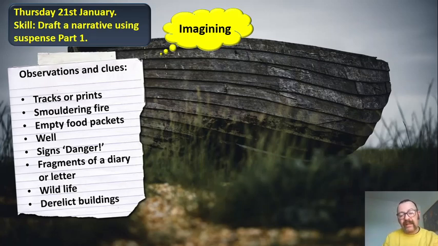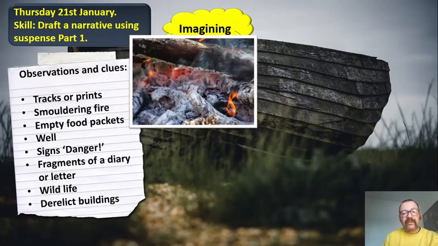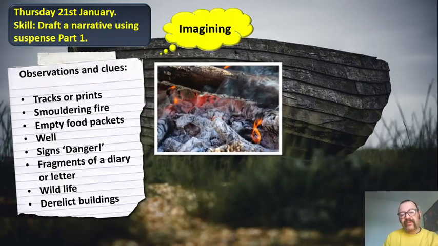We talked about that yesterday. So a smouldering fire, so a fire that has been lit that is maybe going out, or indicates somebody is nearby. Okay, someone might be coming back to this fire and you've only got a moment to warm yourself briefly before being discovered.